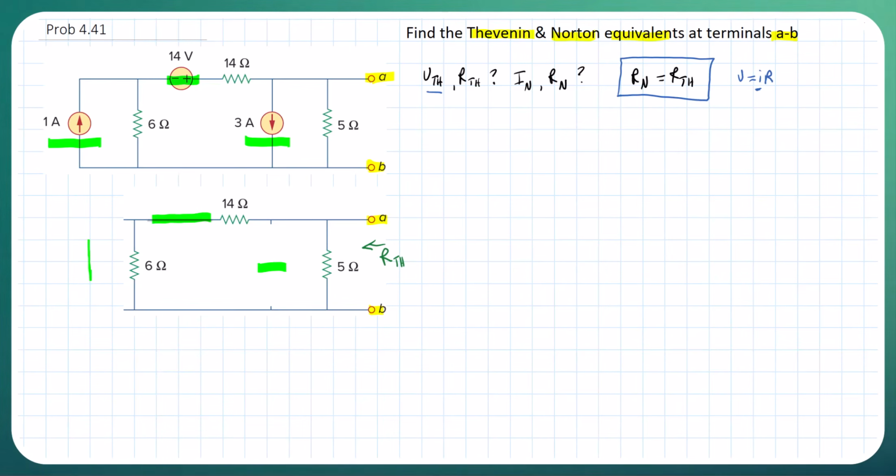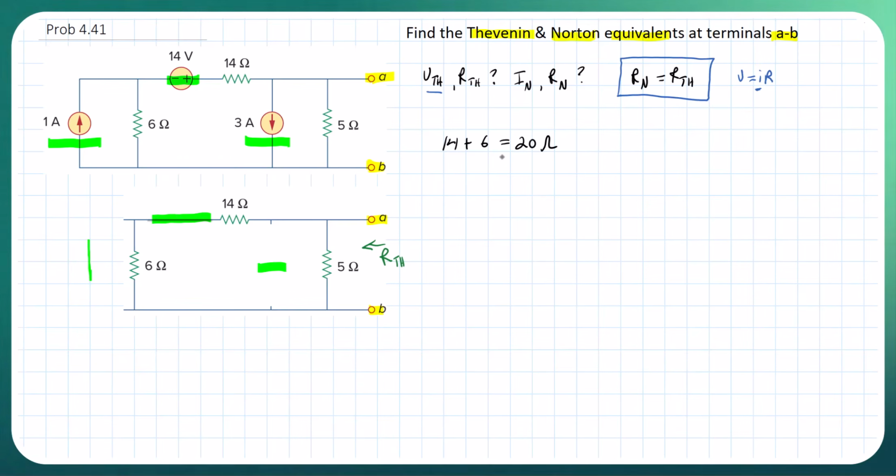If we look at those resistors together, we have 14 and 6 in series, so 14 plus 6 is going to give us 20 ohms. Then the 20 ohms is going to be in parallel with the 5 ohms.